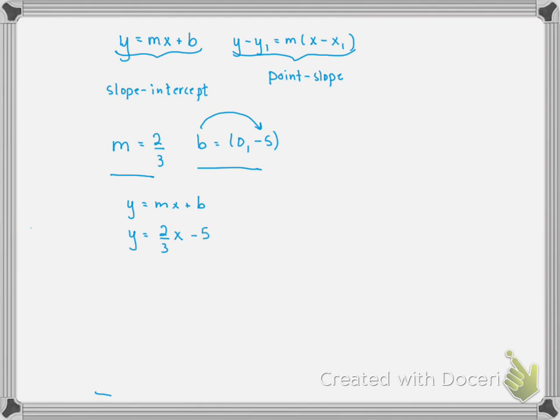That is a very simple case where you don't need to worry about any missing parts. All you do is throw in your m value, throw in your b value, and you are done. Okay?